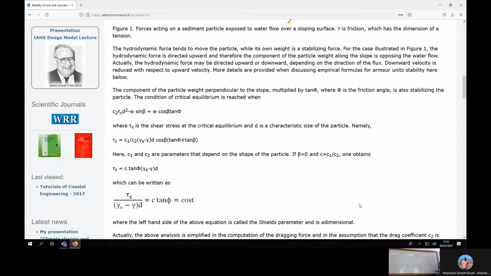So what I can do is I put C2 d squared cos beta, and then I take W tan phi plus W tan beta.